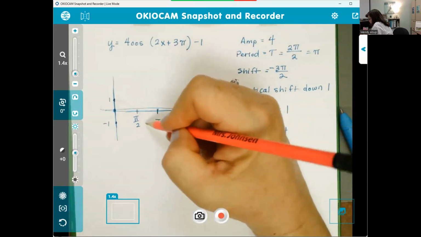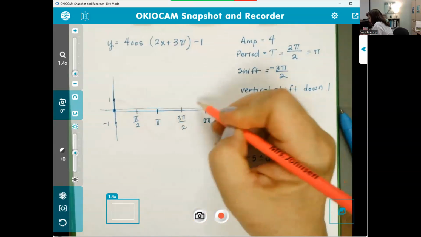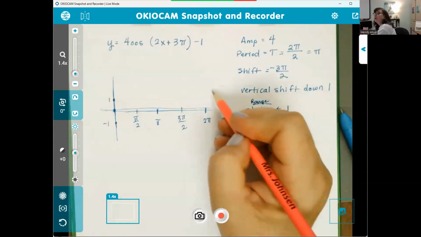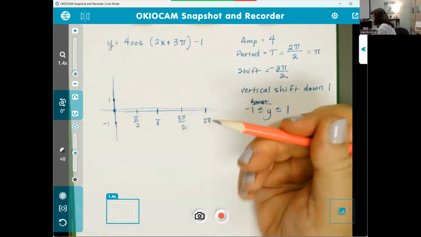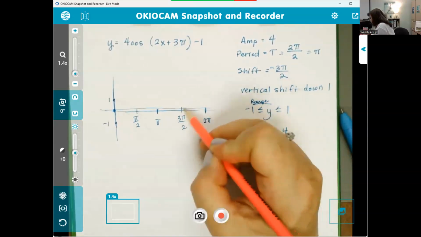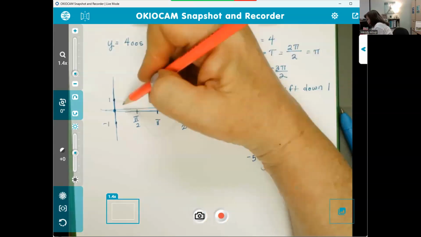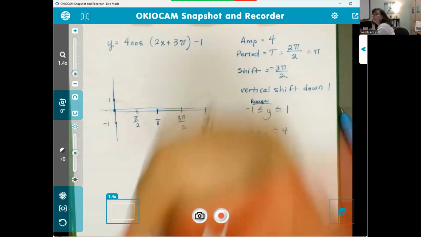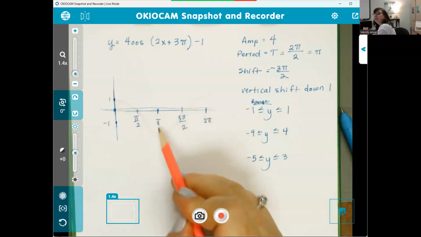That's what normal cosine is going to do, before any stretches.